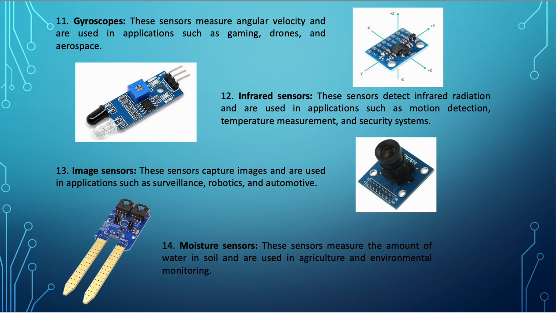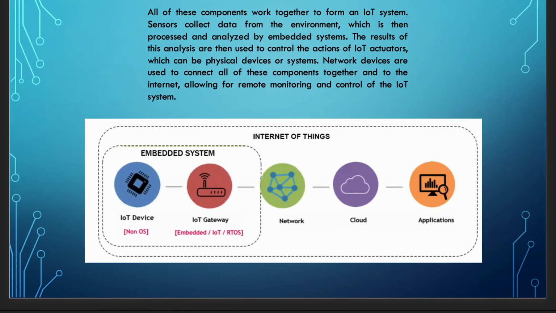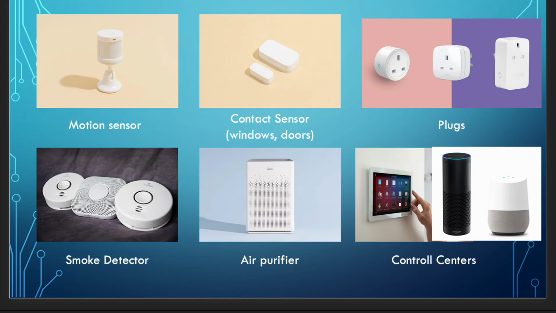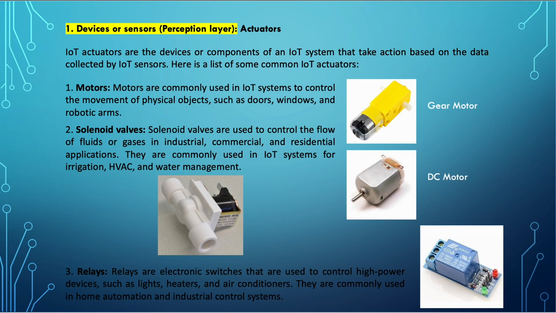Gyroscopes, infrared sensors, image sensors, and moisture sensors. These are 14 sensor types, but again they are not limited to only 14. There are more, and we also talked about how these sensors are used in our examples of embedded or IoT devices, right? So after that we went on to talk about actuators, right?